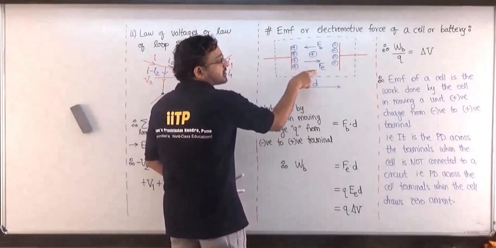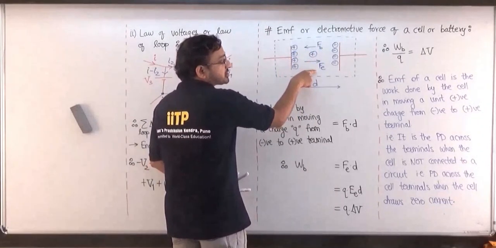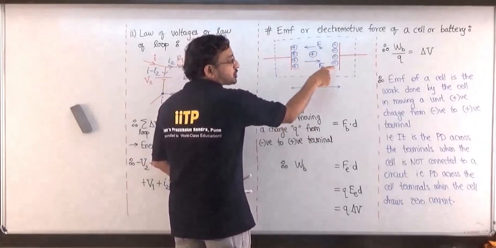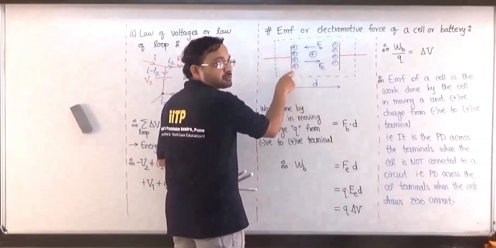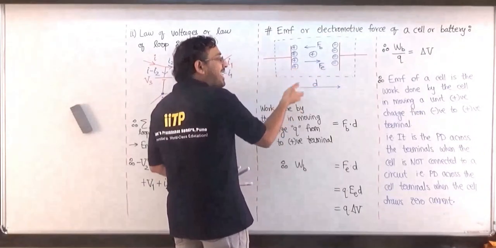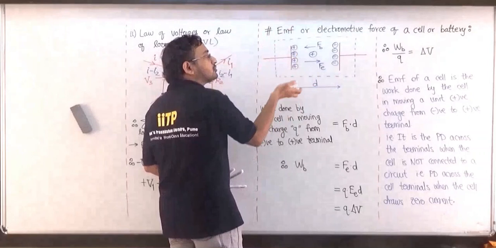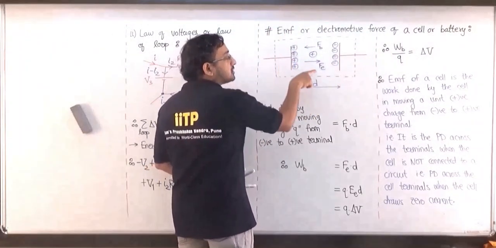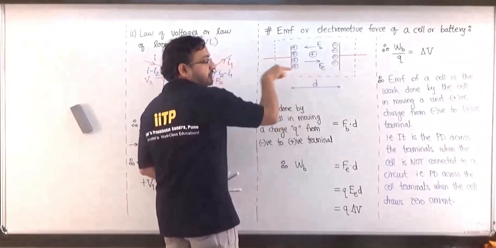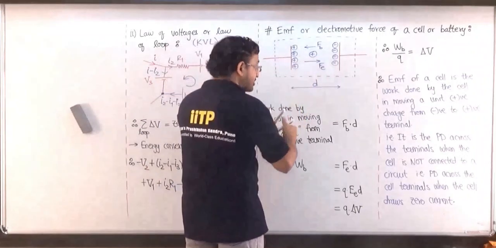The other force is this electrostatic or electric force, which is simply coming from the attraction due to the negative charges here, or from the repulsion of these positive charges. But as these positive charges start to increase, in other words, as these negative charges start to increase, the electric field inside also starts to increase.